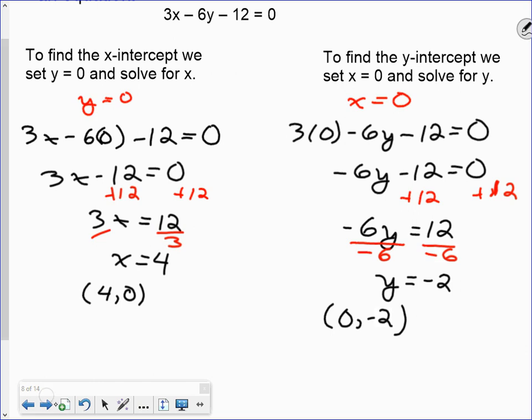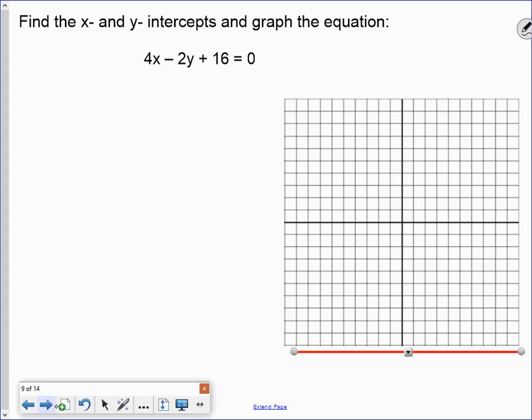Here we go. Find the x and y intercepts and graph the equation. All right, so for our x-intercept, y is equal to 0. And if y is equal to 0 in our equation, this term here, this negative 2y, is just gone.